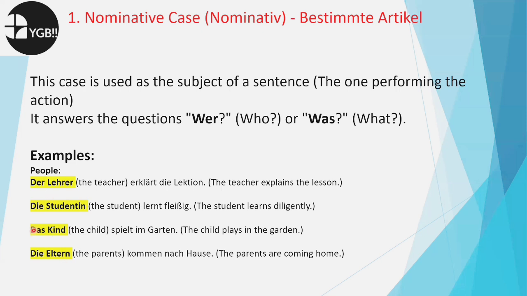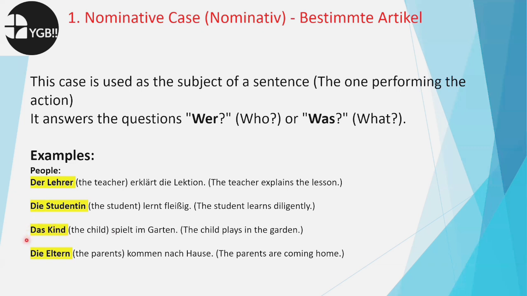And you see here we use der Lehrer. Why? It's a masculine gender and the definite article we used. The teacher, right? Then die Studentin, it's a female student. Studentin means female student. That is why die is used. Then das Kind, the child, spielt im Garten. So it's a neutrum gender.